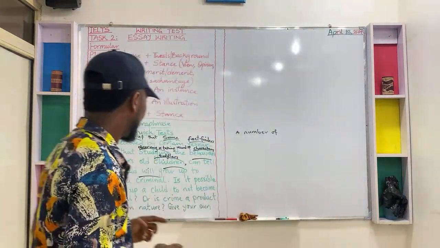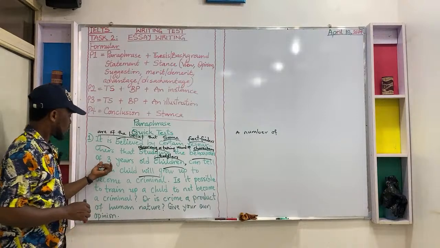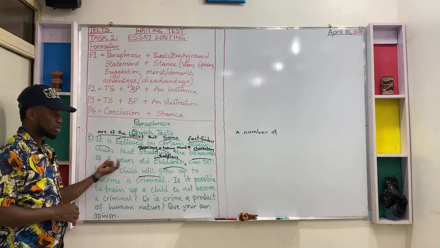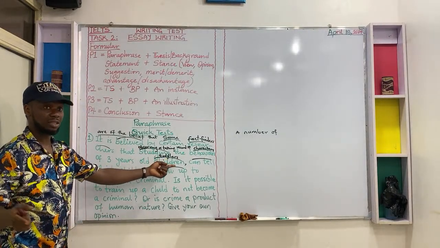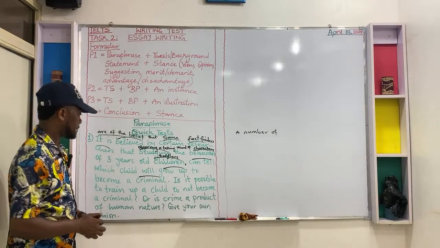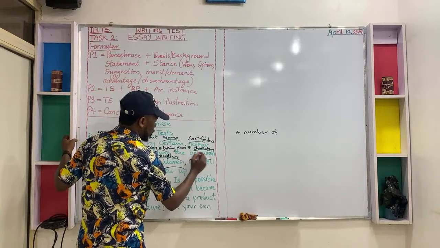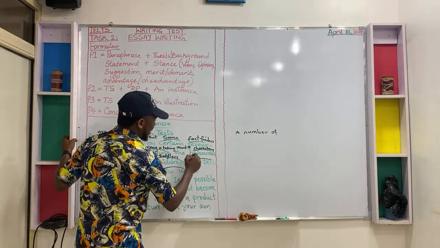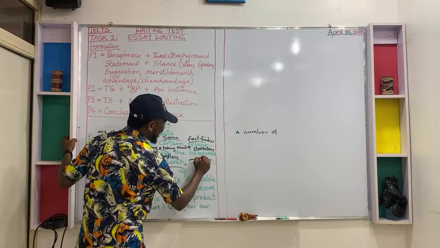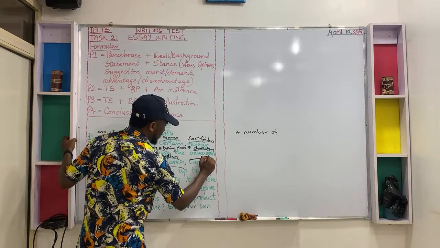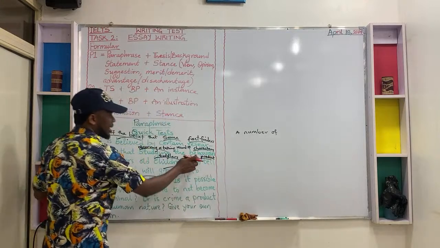Yes, toddlers. Because of the age specification, I'm considering them as toddlers, okay? Now, can tell. So you may choose to retain can and say can predict, right?